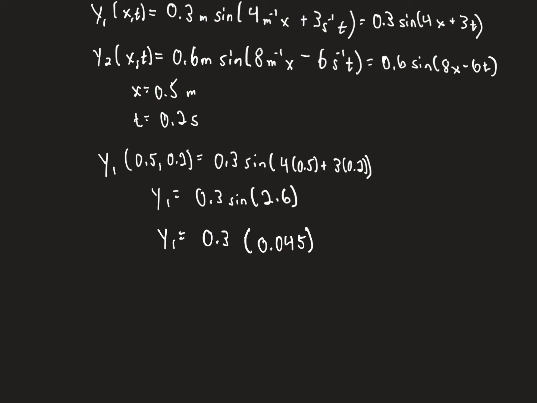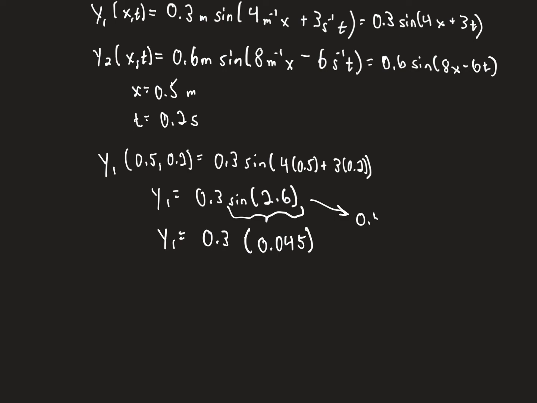If you did not get 0.045, raise your hand and tell me what you got. I got 0.15. Sorry, I didn't multiply by 0.3, never mind. I just want to know what you got for the sine of 2.6. Other people are getting 0.51?